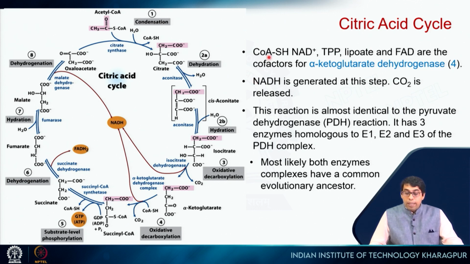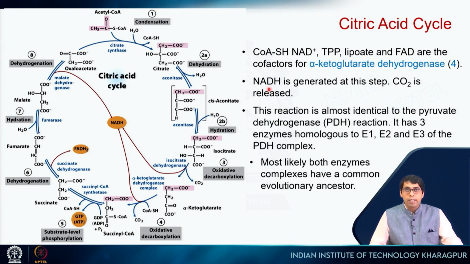Coenzyme A, NAD plus, TPP, lipoate, FAD, these are the cofactors for alpha ketoglutarate dehydrogenase. If you recall from a few slides back, these were the exact same cofactors for pyruvate dehydrogenase. It turns out that alpha ketoglutarate dehydrogenase and pyruvate dehydrogenase are very similar enzyme complexes.